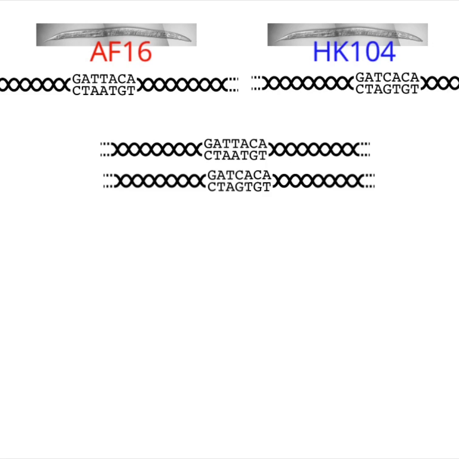DNA, it's horrible. Okay, so there is one DNA sequence difference right there in the middle. Right, so those are the 4 letters of DNA, and we're looking at the sequences of an AF16 chromosome on top, Gattaca, and HK104 on the bottom.